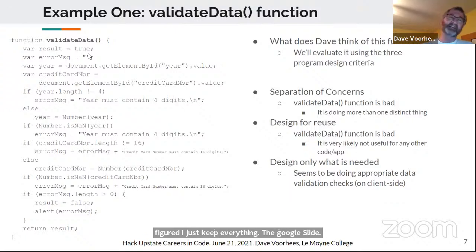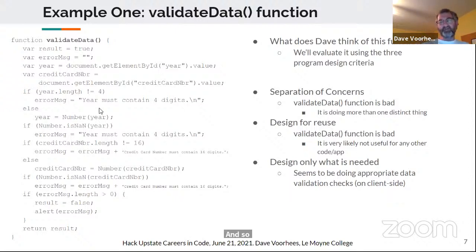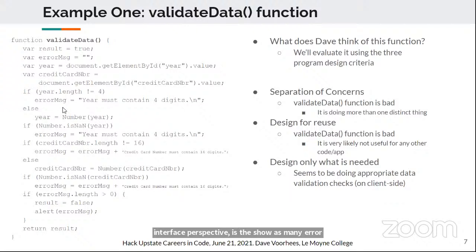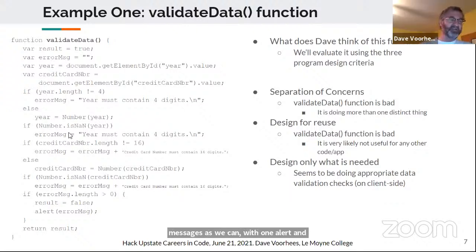So result is initialized to true. You can see at the end we're returning result. What this logic is doing, the strategy here from the user experience, user interface perspective, is to show as many error messages as we can with one alert. So we keep on adding to the error message.